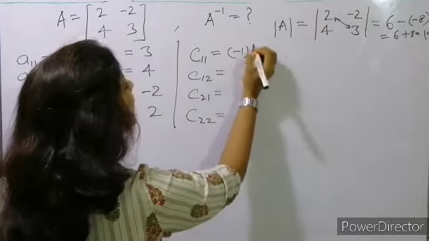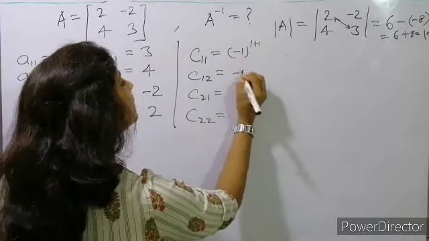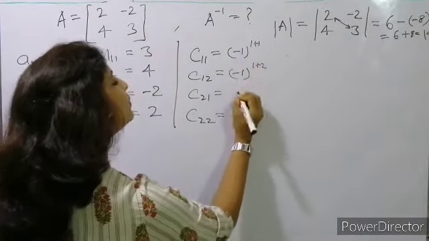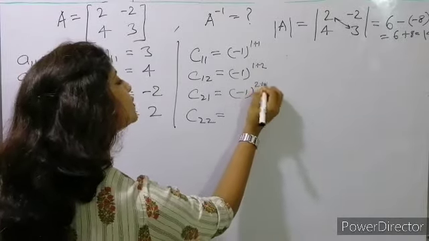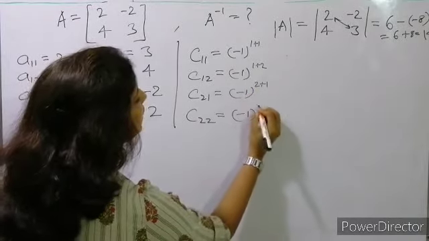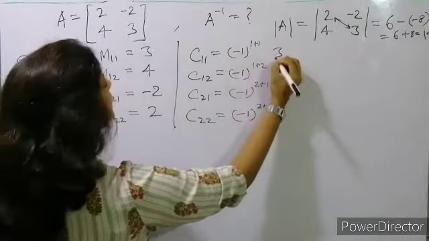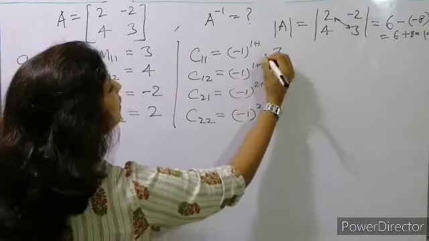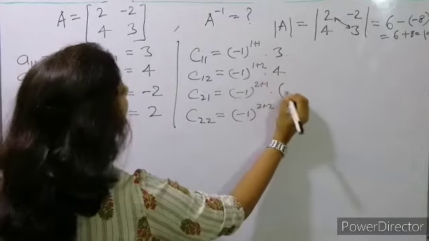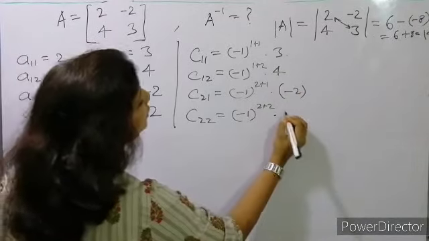Okay, now you have to find the cofactors C11, C12, C21, C22. Again, -1 to the power 1 plus 1, -1 to the power 1 plus 2, -1 to the power 2 plus 1, -1 to the power 2 plus 2. Okay, now we'll write this as it is: 3, 4, -2 and 2.